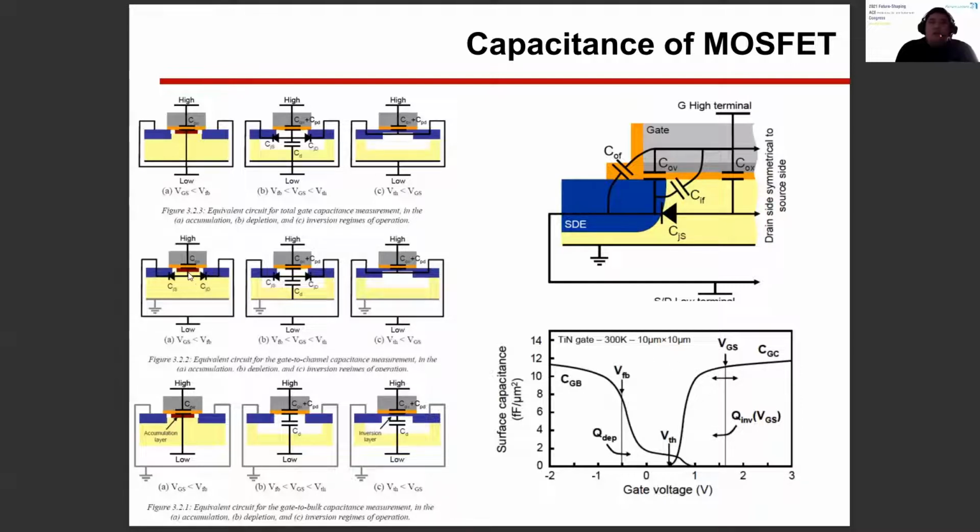However, there's no current between the channel and the body when the lower voltage is applied. The capacitance can only be measured as this oxide capacitance.